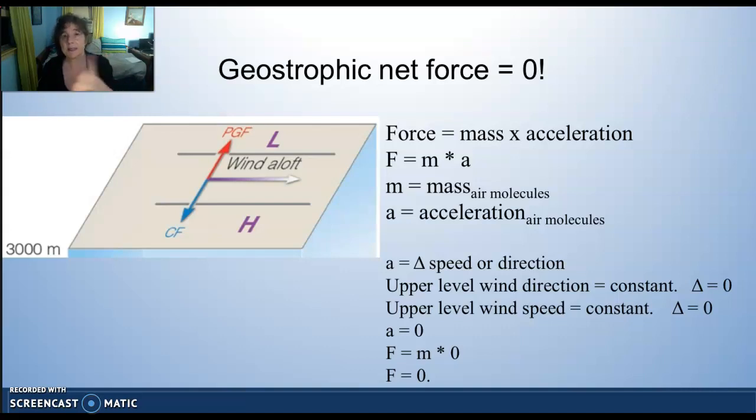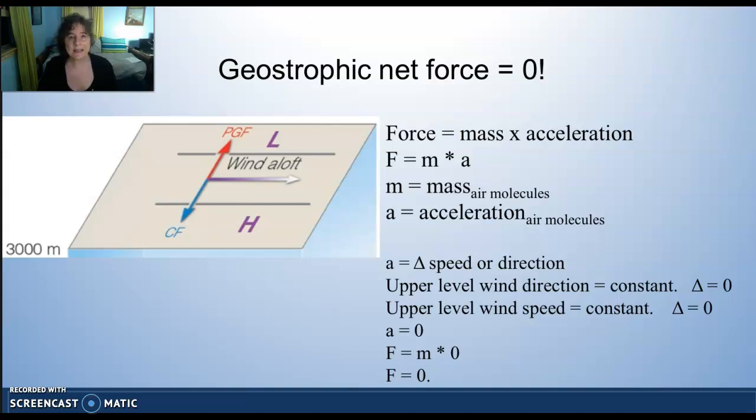Force equals mass times acceleration. The mass is the mass of all air molecules that are moving. The acceleration is all the acceleration of the air molecules. But how do you define acceleration? You define acceleration as speed and direction of the air molecules.